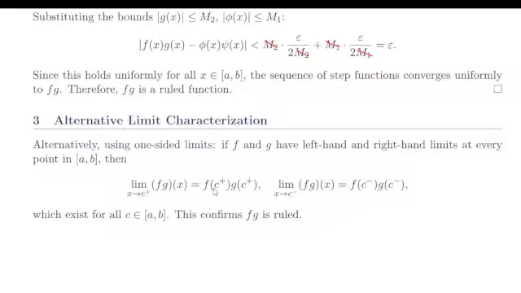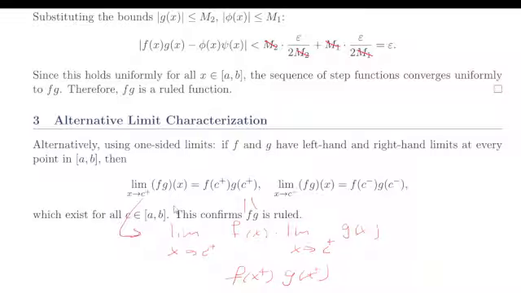So basically this is equal to the limit as x approaches c from the right of f of x times the limit as x approaches c from the right of g of x. And that's going to equal this thing: f of c from the right times g of c from the right. And the same argument holds from the left, so the limits exist for all c in the interval. And this confirms that f times g is ruled.